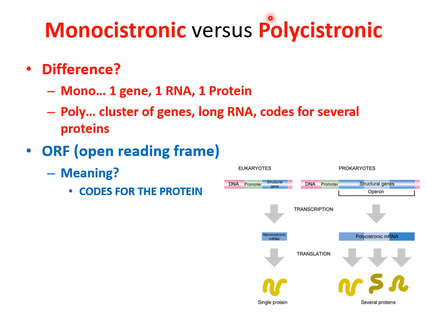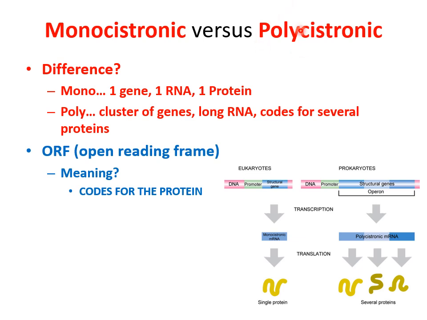Prokaryotes, on the other hand, have polycistronic systems in which you end up with a cluster of genes called an operon. So in other classes and in this class, you study it a lot of times, the lac operon, the trp operon. This cluster of genes ends up coding for a long RNA, so a polycistronic mRNA, that then codes for several different proteins.